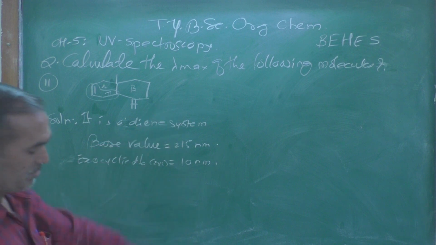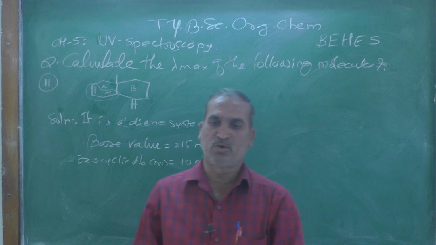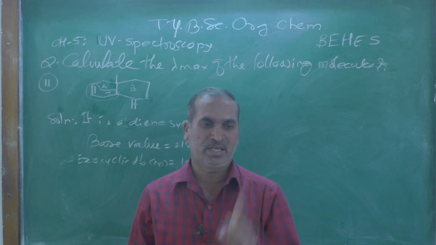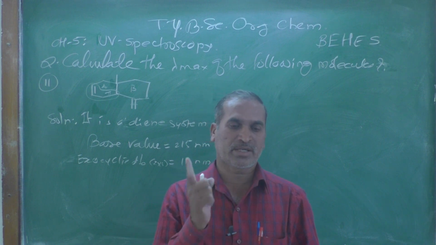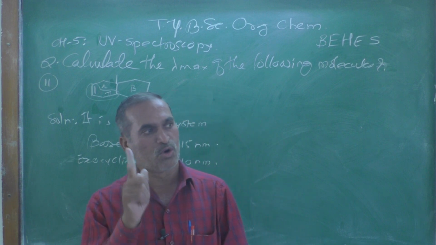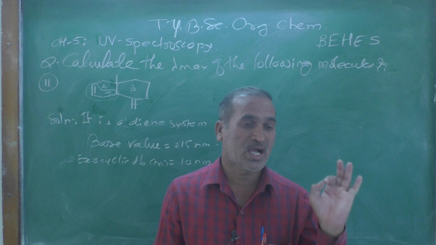Right? Now H stands for homoannular, and as we know, homoannular means both the double bonds are present in the same ring. That type of system is known as a homoannular system, and those double bonds should be conjugated.